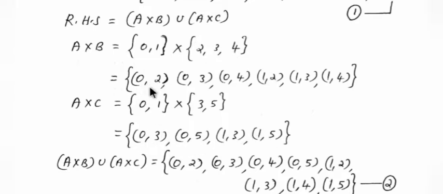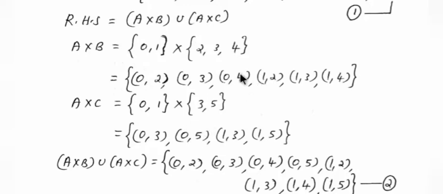First take (0, 2), then (0, 3), then (0, 4), then (0, 5), taken in ascending order. Here (0, 3) is repeating, therefore take one time.